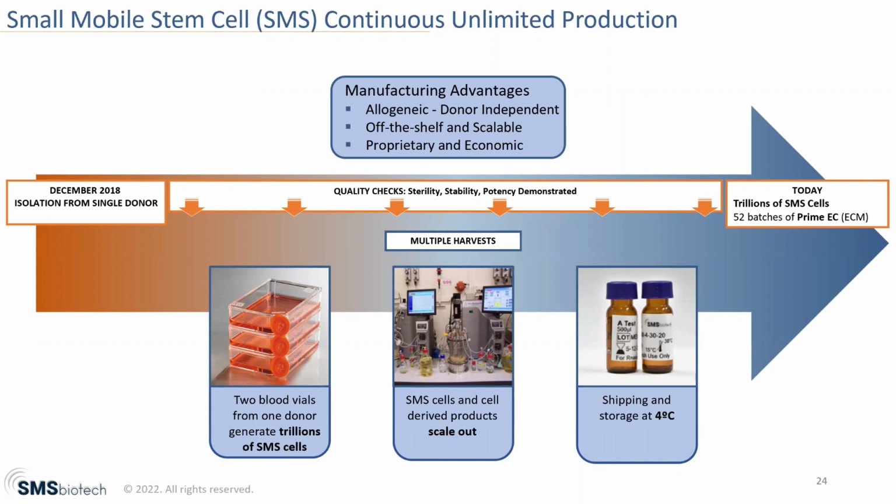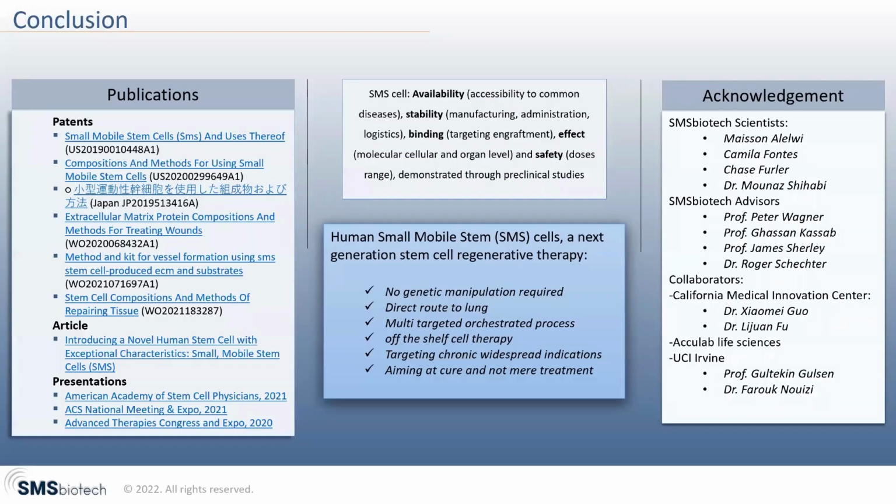The shipping is at refrigerator temperature of 4 degrees, another unique aspect of this technology. SMS cells provide availability, stability, binding, effect at molecular and organ level, and a good safety profile demonstrated through preclinical studies. And soon, we hope, through clinical studies.